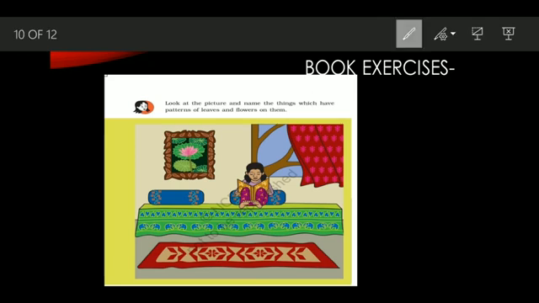So let's see what book exercises are given in your book. The first one: look at the picture and name the things which have patterns of leaves and flowers on them. Basically, you have to find the things in this picture which show leaves or flowers.